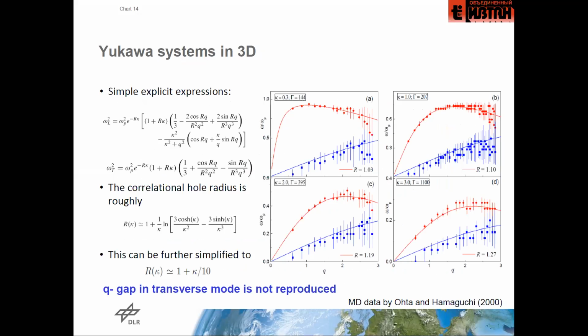The second example is that for Yukawa systems in 3 dimensions. Again, as you can see, simple explicit expressions for the dispersion relations can be derived, and they compare very favorably with the results from molecular dynamic simulations, except of course this quasi-crystalline or quasi-localized charge approximation cannot describe the existence of the Q gap in the dispersion relation for the transverse mode.